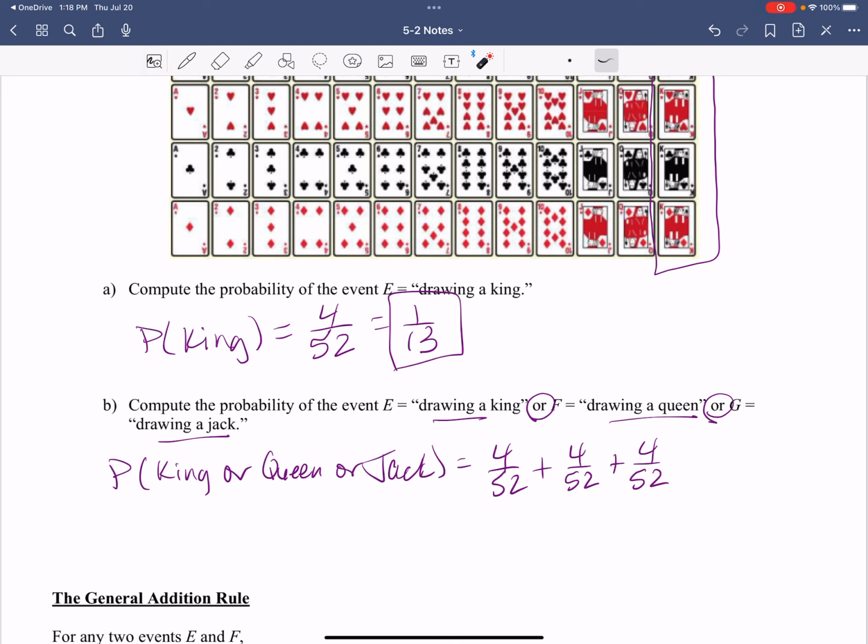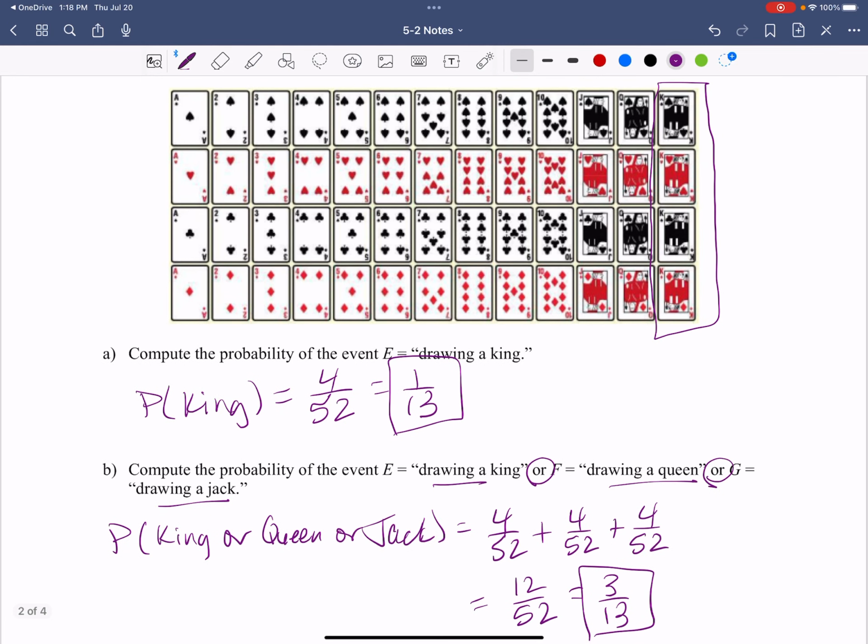Whether you do it this way, you end up with 12 over 52, and you do need to reduce that to 3 over 13. That's going to be your probability. Pretty cool, right? General addition rule. And if you're not familiar with cards, here is your graphic. So keep your notes handy, and you can reference it if you need to.